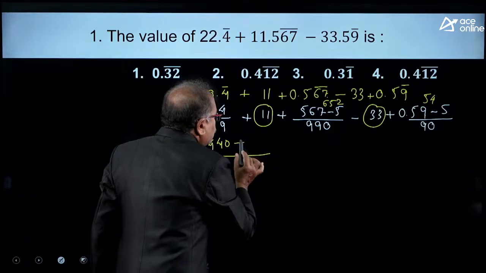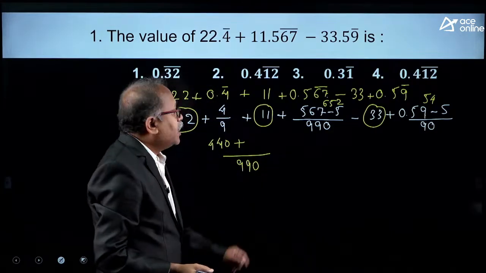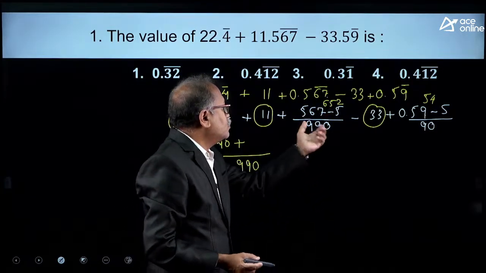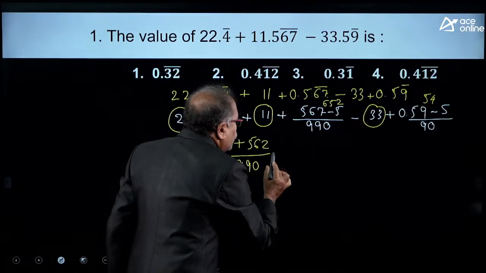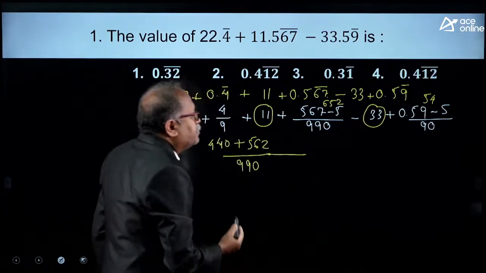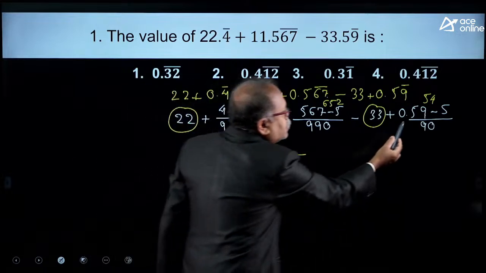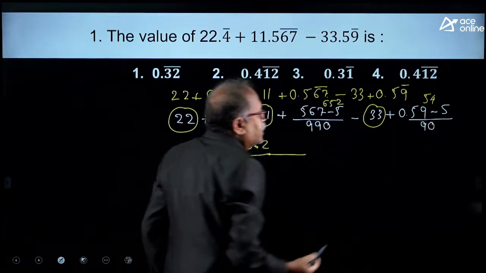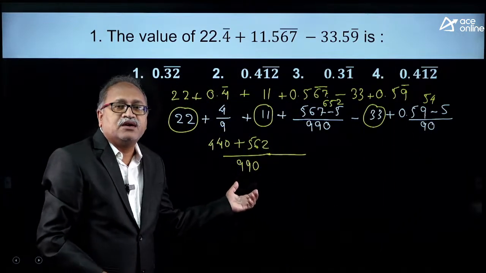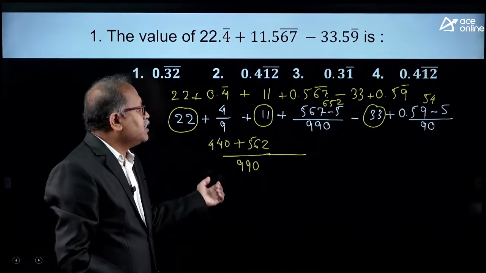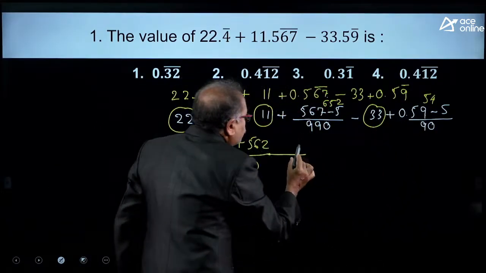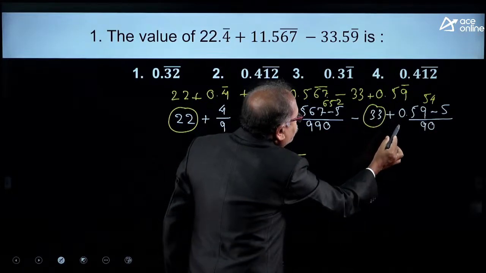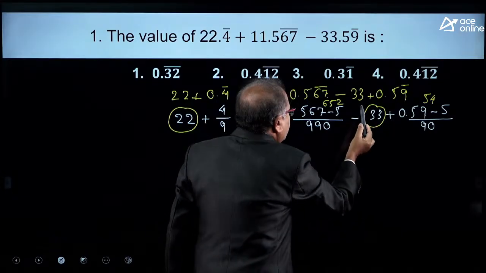After that plus is there, take the plus over here, and this is 562. So directly comes 562 over here. Am I right? Okay. And after that, what I am going to do here is, this is 54 by 90. When I divide this LCM 990, I will be getting 11 here. So 11 into 54, that comes, this is minus is there, right?